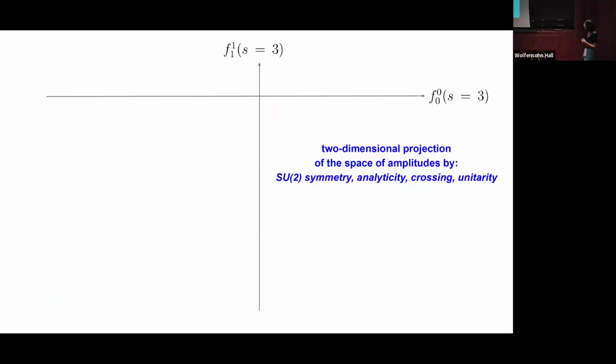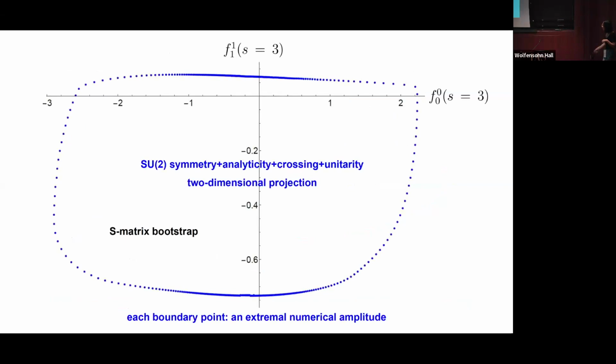To give you an example, we can consider two linear functionals that are the partial wave evaluated at some unphysical point, and then plot some two-dimensional projection of the infinite-dimensional space of scattering amplitudes given by these constraints. We'll obtain a shape like this, which is convex. And at each of these points, there is some extremal numerical amplitude.